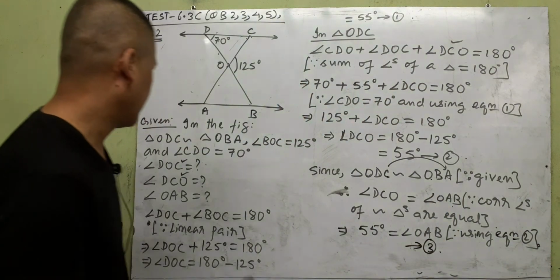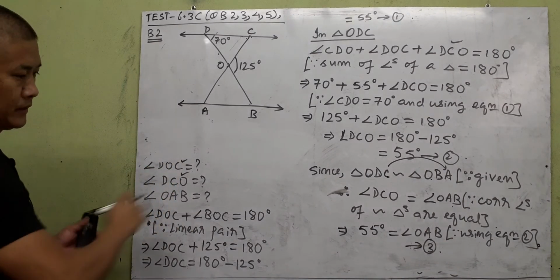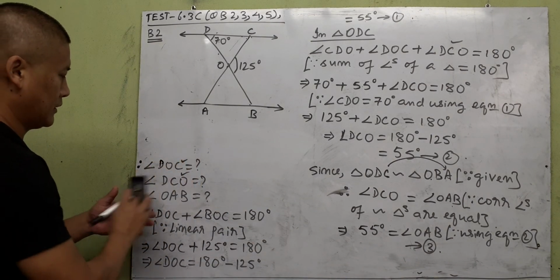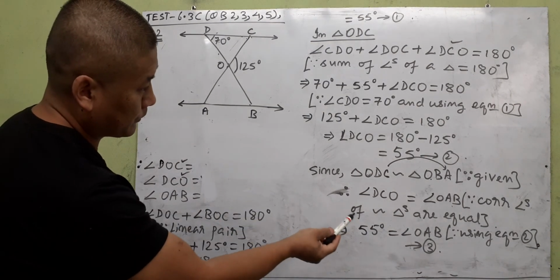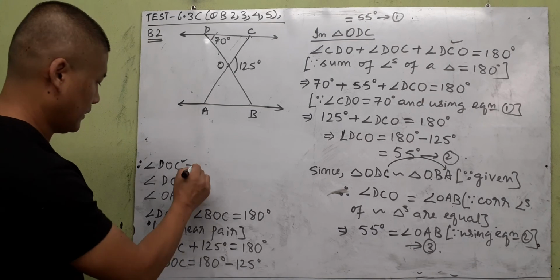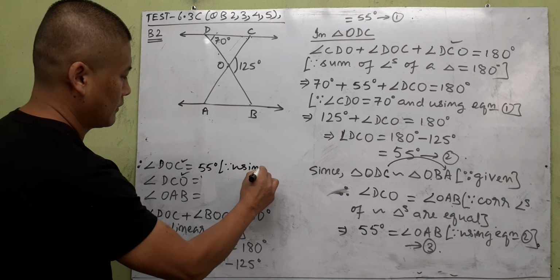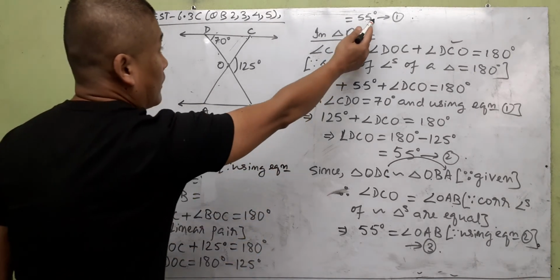Then finally we can write our answers. You can write it like this. Below this, you write: therefore angle DOC is 55 degrees, as you got this by using equation number 1.